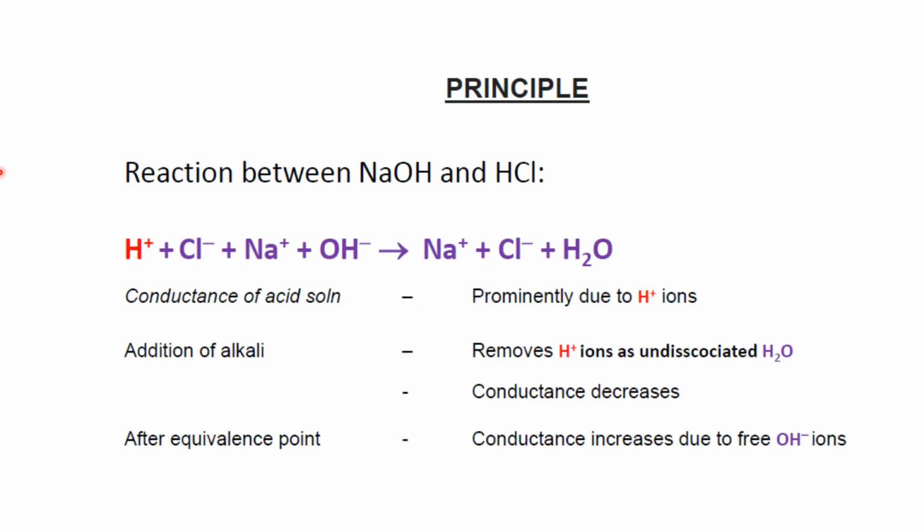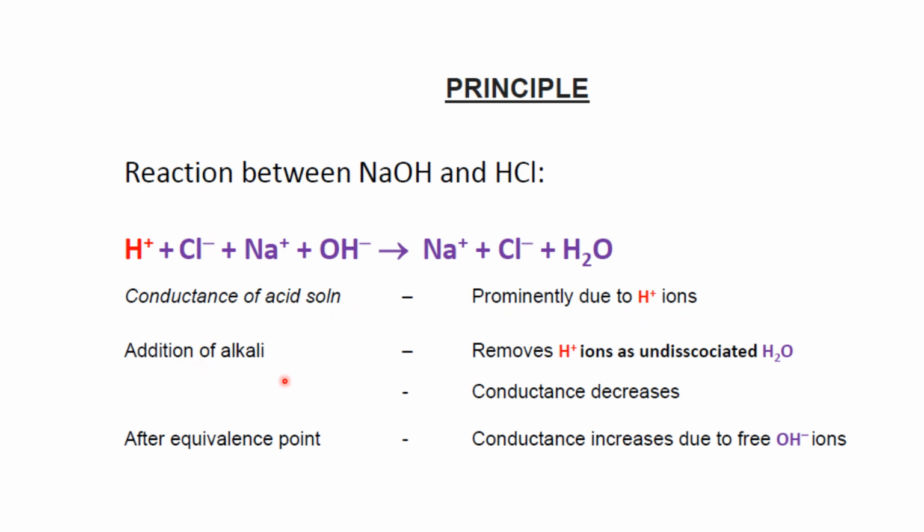So the reaction is H+ Cl- in the beaker, NaOH in the burette. When you add NaOH to the beaker containing HCl, it forms NaCl plus water. So conductance of the acid solution is prominently due to the presence of H+ ions.